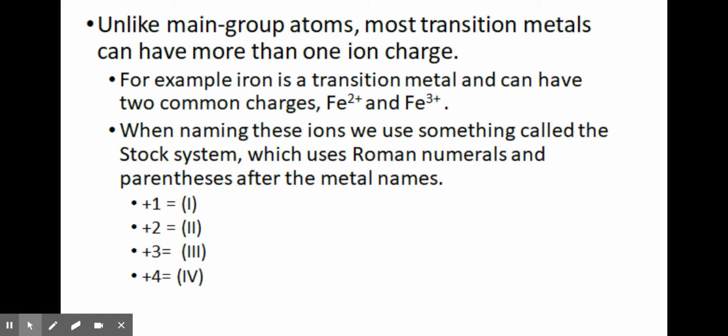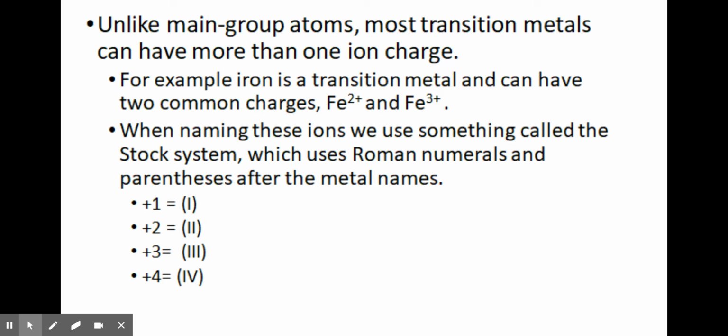Let's look for iron on your periodic table. Iron has an atomic number of 26. For example, the 2 most common charges for iron are iron with a +2 charge and iron with a +3 charge. Okay, when we write the names for these irons, we're going to use something called the stock system.